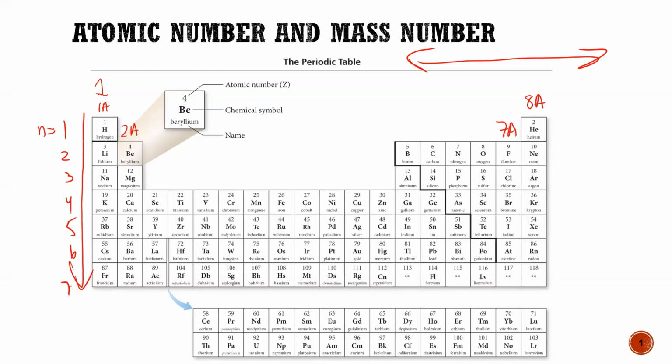The one thing that I didn't talk about is if you look at the periodic table, we see these numbers. So for example, number 1 for hydrogen, number 2 for helium, 3 for lithium, 4 for beryllium, 5. What we're seeing is these numbers are increasing sequentially, and they're going in order, 1, 2, 3, 4, 5, 6, 7, consecutively.